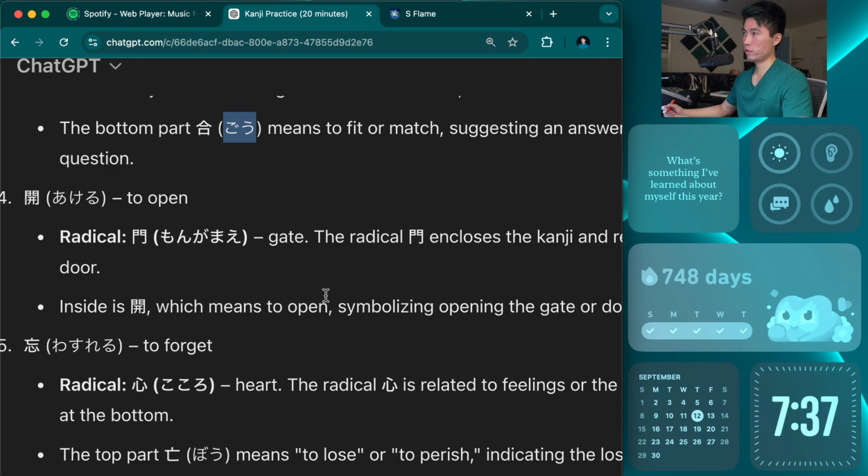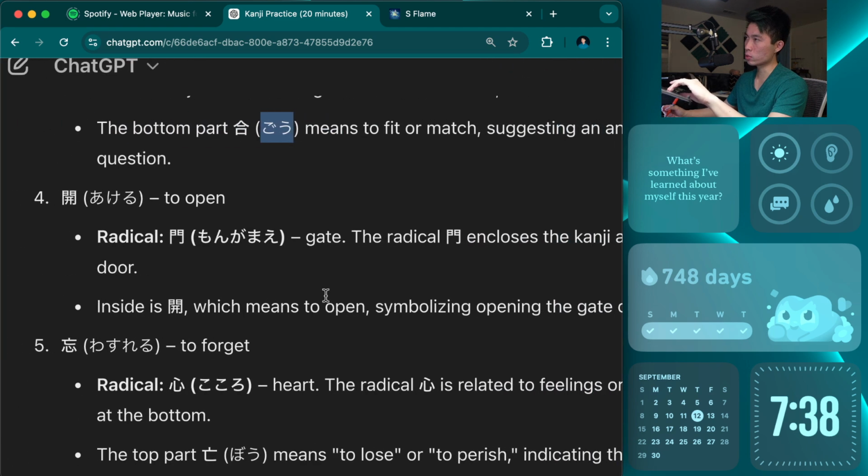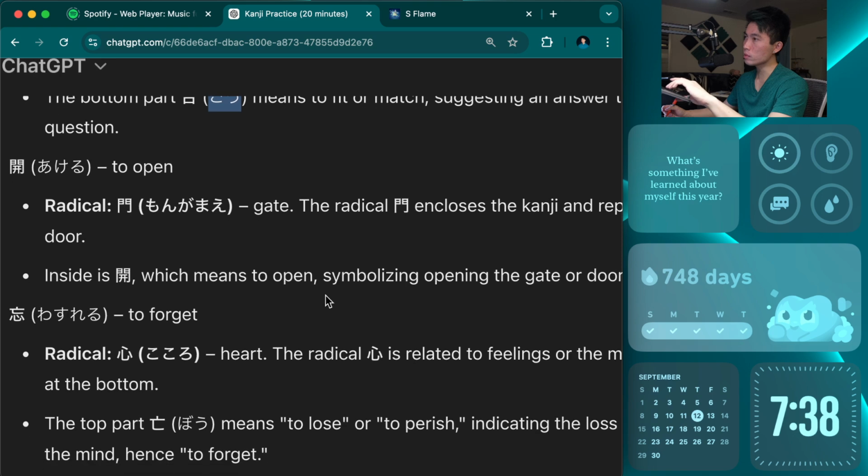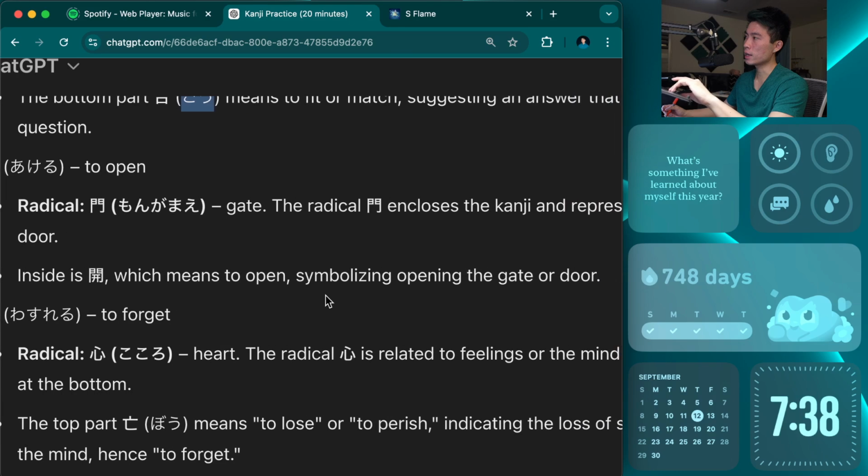But we have the mongamae gate. The radical encloses the kanji and represents a gate or door. Inside is, which means to open, symbolizing opening the gate or door.